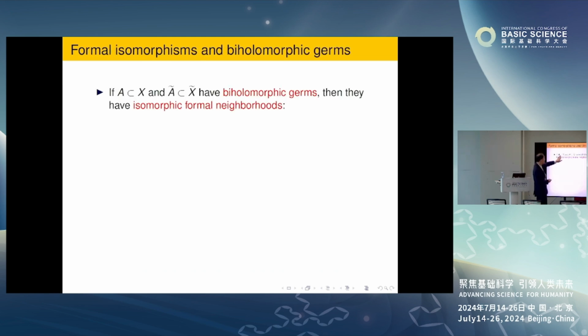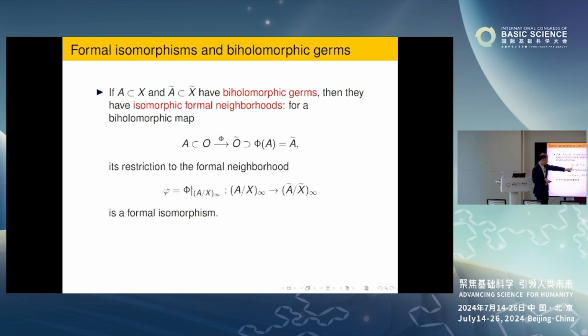Now suppose two submanifolds A and A tilde have biholomorphic germs. Then it's easy to see that they have isomorphic formal neighborhoods. Because if you have a biholomorphic map between neighborhoods O and O tilde of A and A tilde, sending A to A tilde biholomorphically, then if you restrict this biholomorphism to the formal neighborhood, it gives a formal isomorphism.